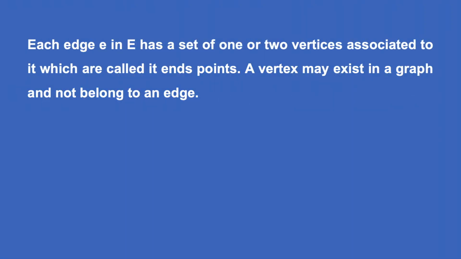Each edge E has a set of 1 or 2 vertices associated to it, which are called its endpoints. A vertex may exist in a graph and not belong to an edge.